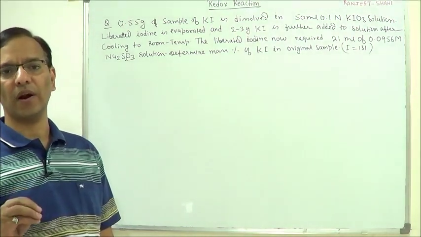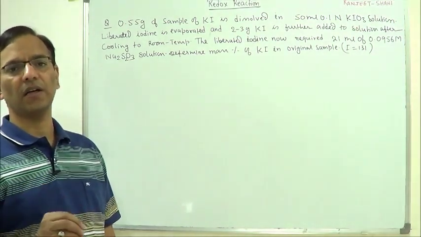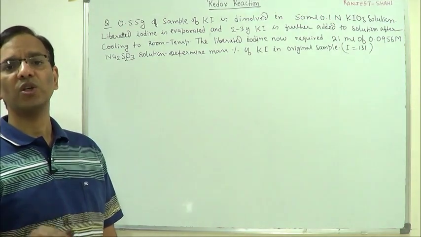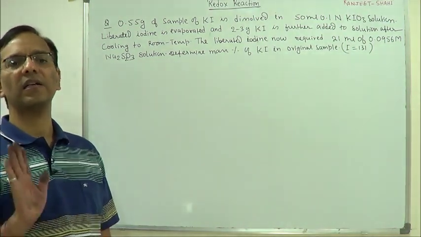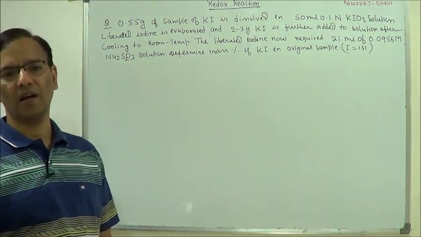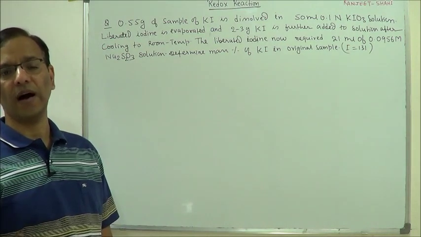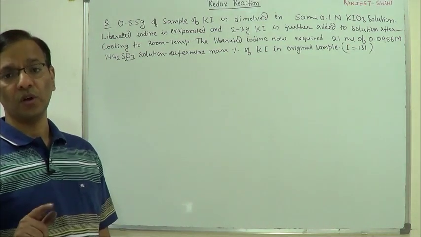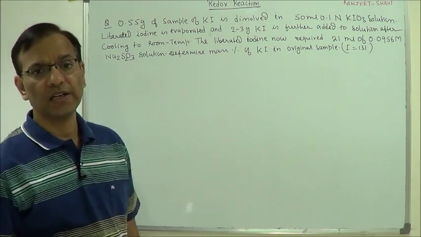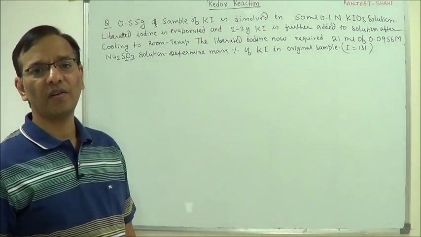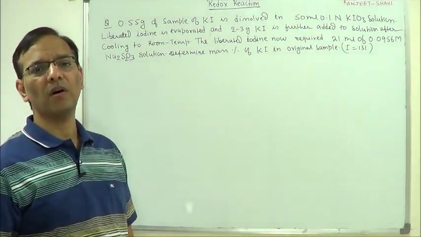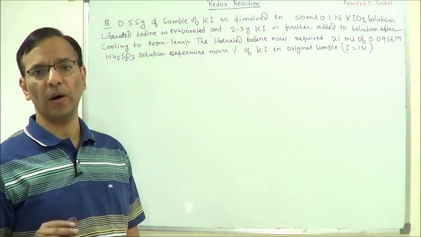Some potassium iodate was left unreacted, which is now reacting with excess KI added, giving off iodine. So in the second stage, iodine liberated is due to presence of unreacted potassium iodate.